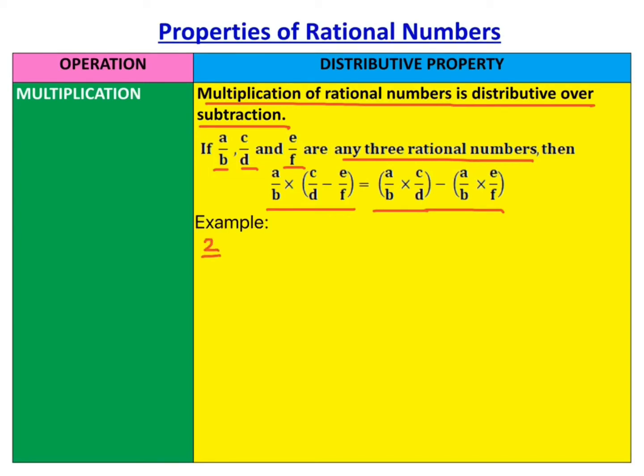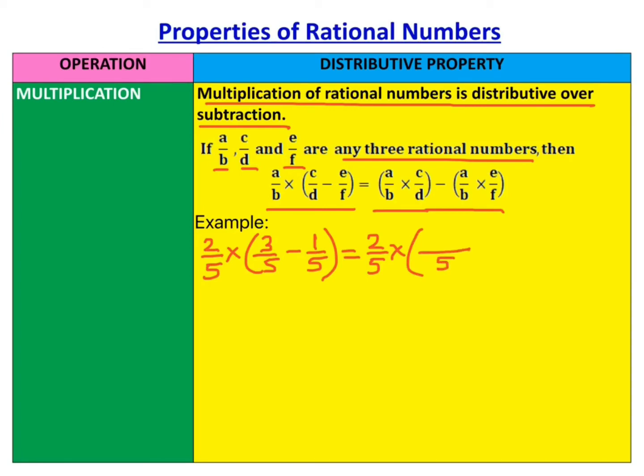2/5 times (3/5 minus 1/5). Let's simplify this expression. First, let's simplify inside the bracket. Inside the bracket we have the same denominators.